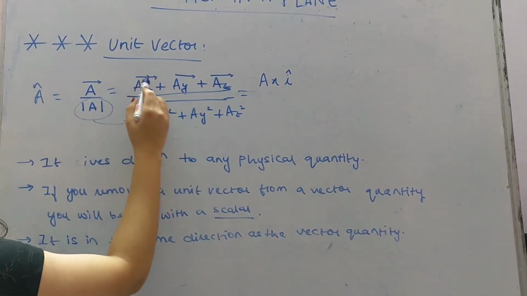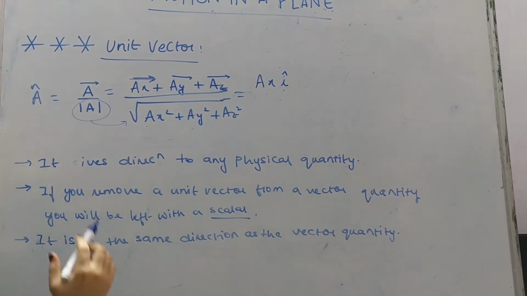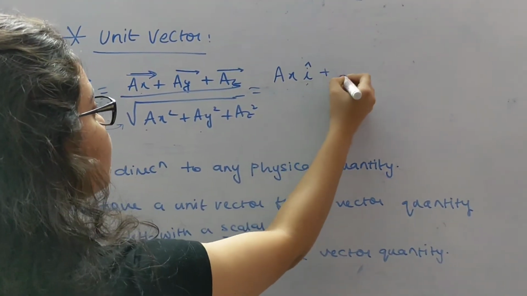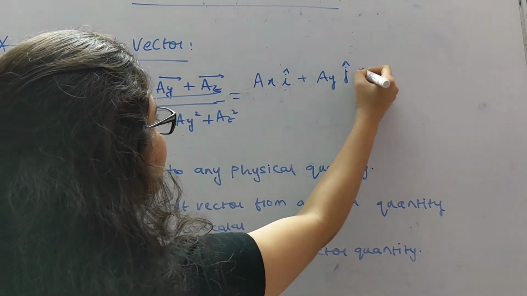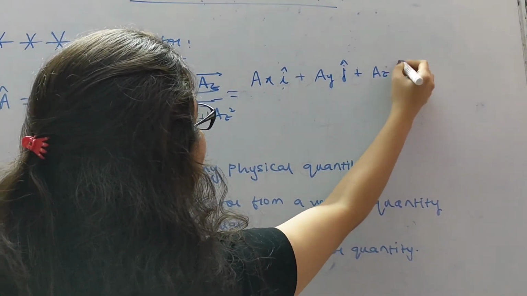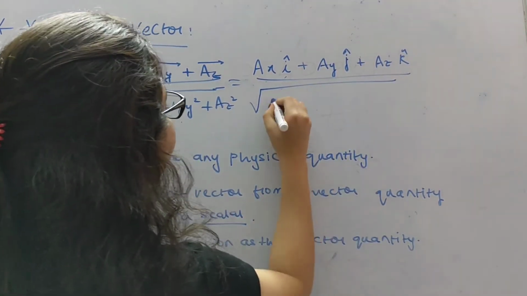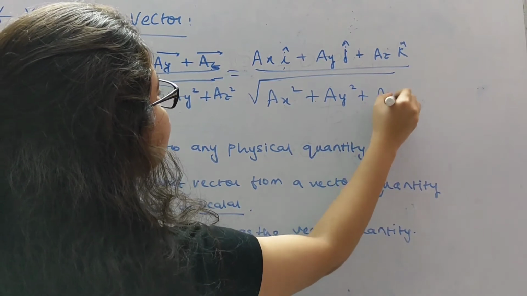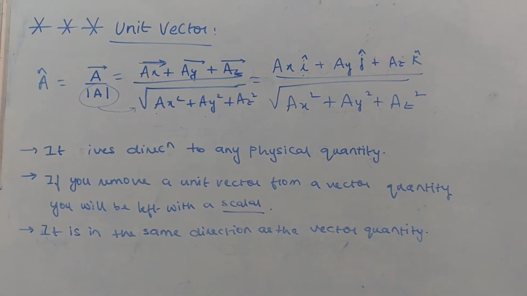I'm removing the vector, so if you remove this arrow mark, you have to put a unit vector. Slowly you will understand all of this, but just note this down. Plus Ay j cap plus Az k cap whole by, this will remain the same, root of Ax square plus Ay square plus Az square. Note this formula down and get ready for a question.